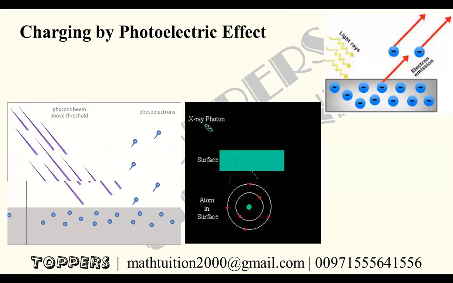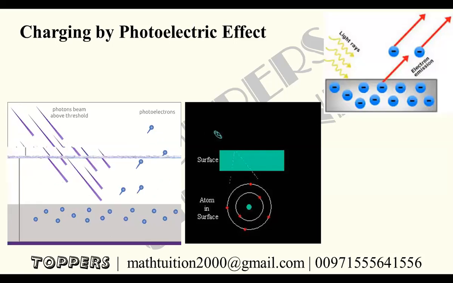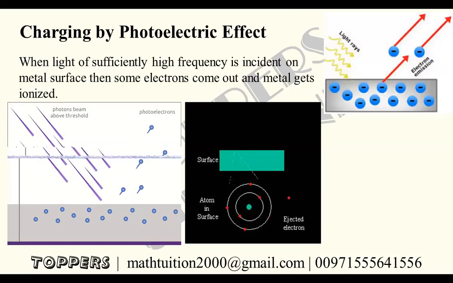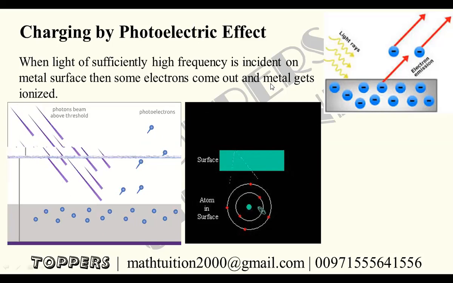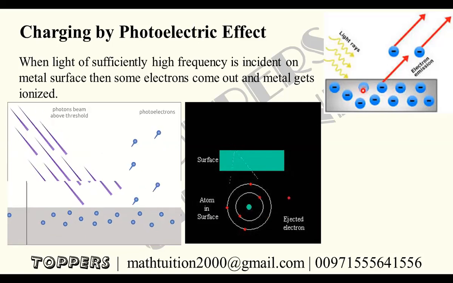First one is charging by photoelectric effect. When light of sufficiently high frequency is incident on a metal surface, then some electrons come out and the metal gets ionized. See here, light rays are falling on this metallic object. In this metallic object, the atoms have free electrons, right?